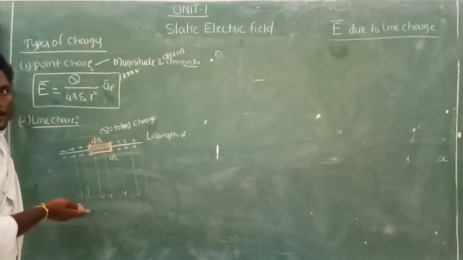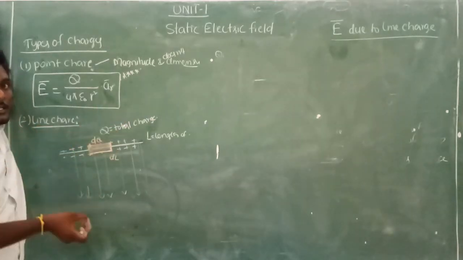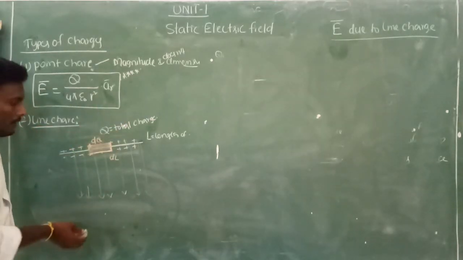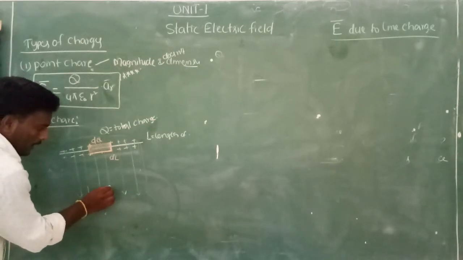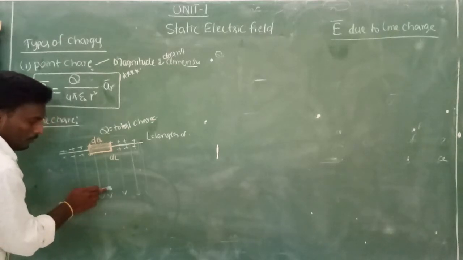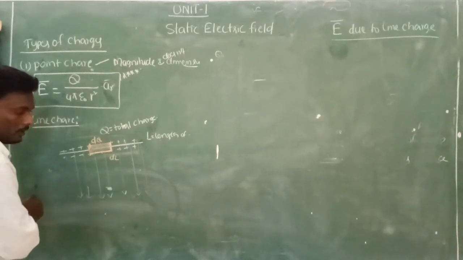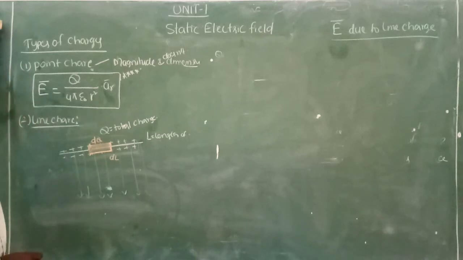A force is experienced by the other charge. That force per unit charge is called the electric field intensity. I am placing one more similar charge at this point, where I want to calculate the electric field intensity.